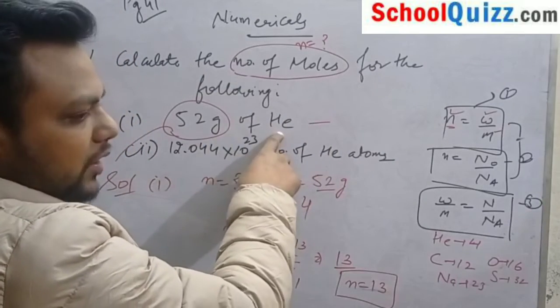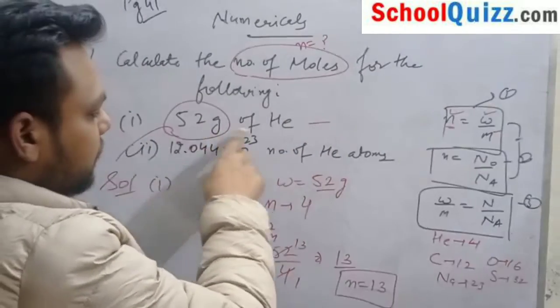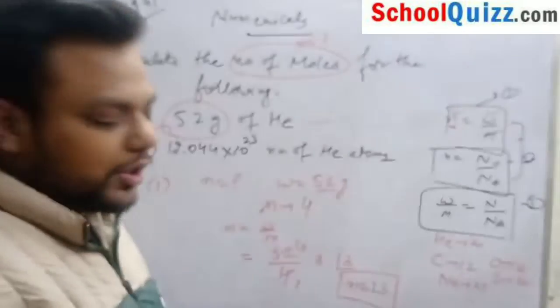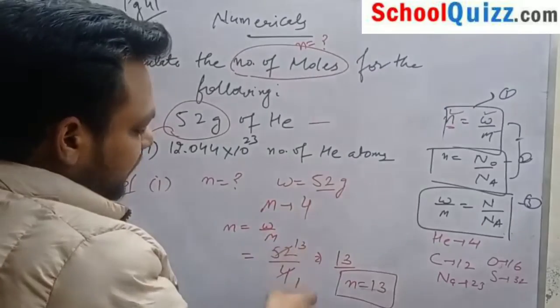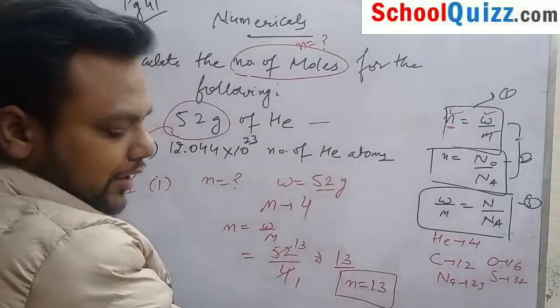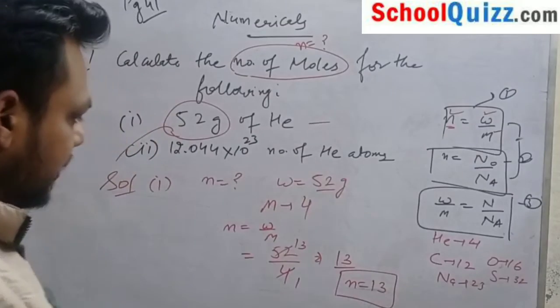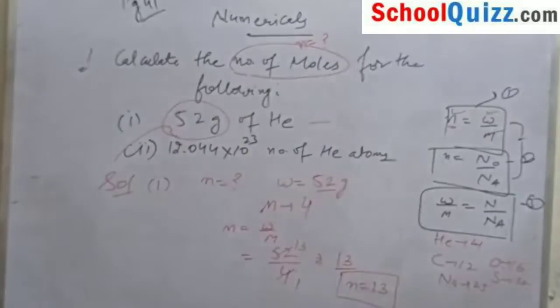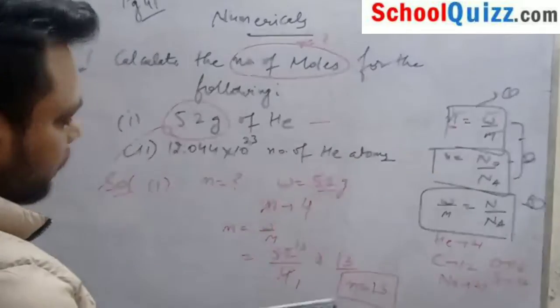Next, 52 gram of helium, which means W is given, that is 52 gram, and helium molecular mass, as we already know, is 4. So simply we put the values and we get the value of n, that is 13. So note it down. Okay, now we will move to the second part.